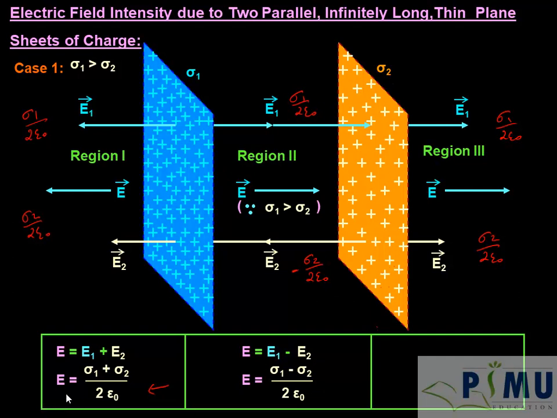And again in the third case, E is equal to sigma 1 plus sigma 2 by 2 epsilon naught. As we have told, sigma 1 is greater than sigma 2.